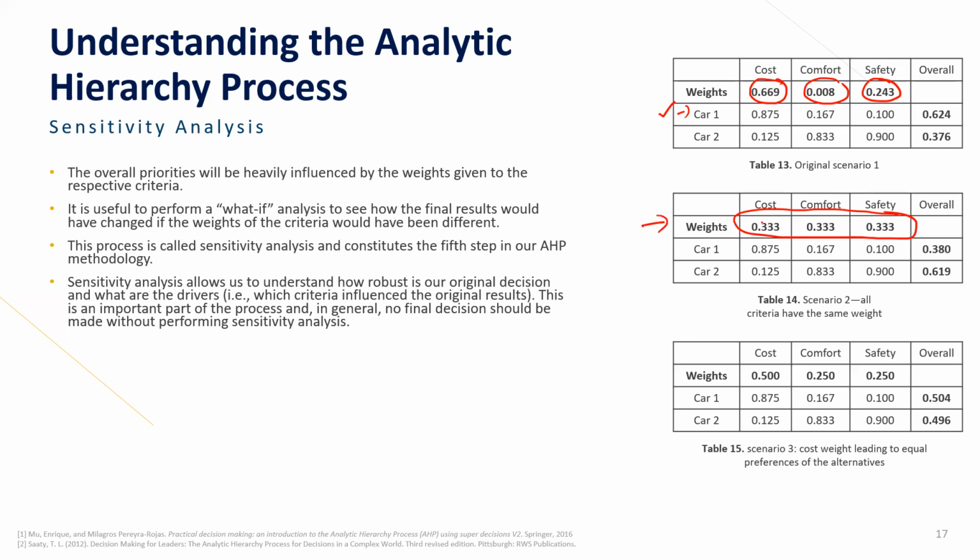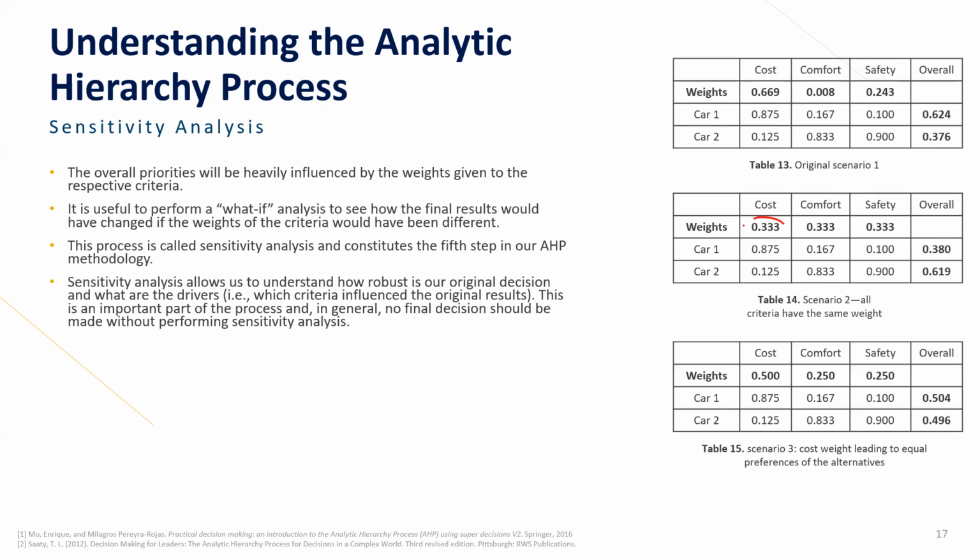Last part, we have the local priority of each factor. Then we multiply this with this plus this with this, right? 0.33 multiplied by 0.8 plus... sorry, not like that. To the right, we multiply to get the new weight of each car.